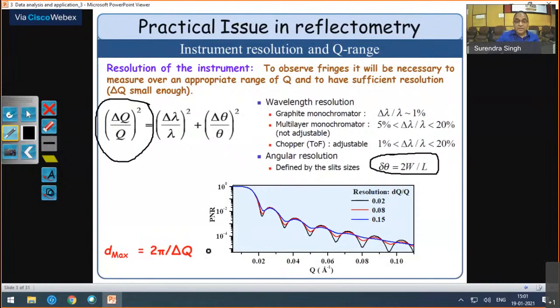And as I said, the maximum thickness, again I'm saying this is single layer thickness on a substrate, not the multilayer thickness, depends on the resolution of the instrument: 2 pi by delta Q. So these two things are very important.